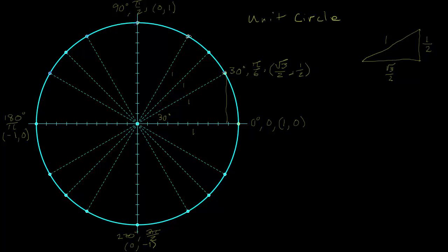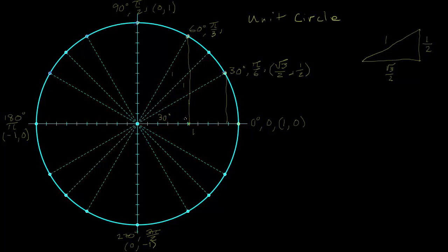Up here, now we've doubled pi over 6, so that's 2 pi over 6 or pi over 3. This is also 60 degrees. And if I were to drop this straight down, see, this is 1/2 here.